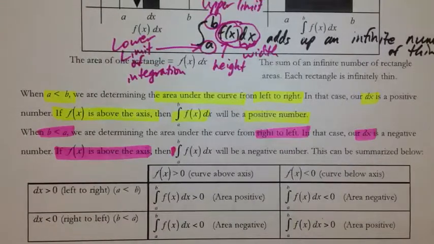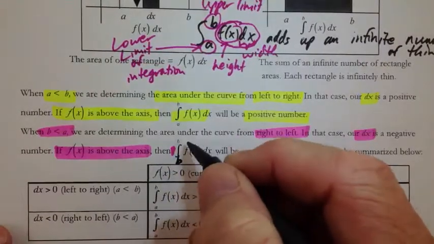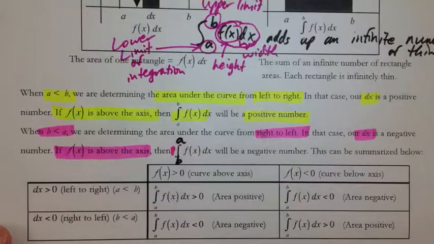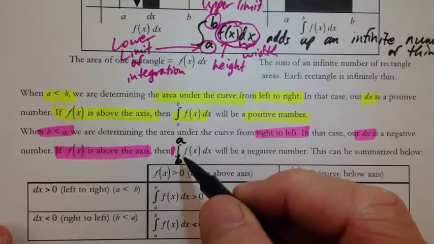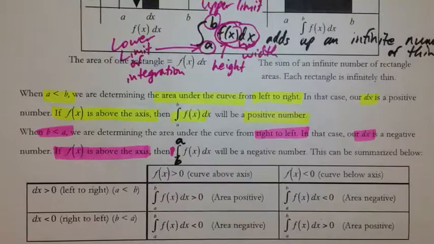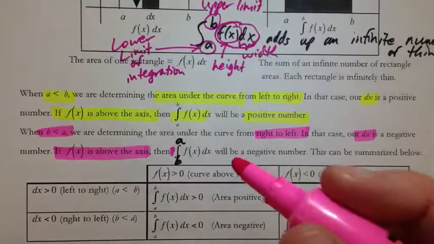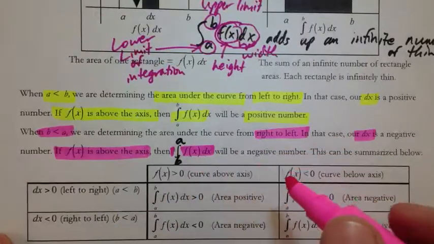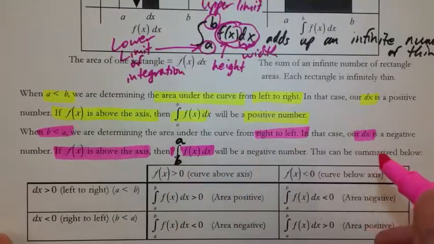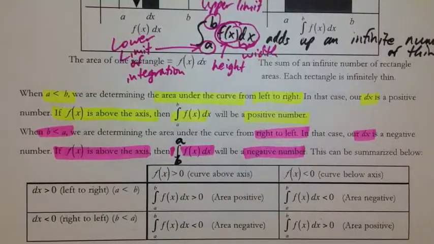There's a typo right there. You're actually integrating from b to a. I caught that typo. So the integral from b to a, if f of x is in fact above the x-axis, then the area will be a positive number, but when you integrate from b to a, you're going to get a negative number. It's going to start making a lot more sense when we start doing examples.